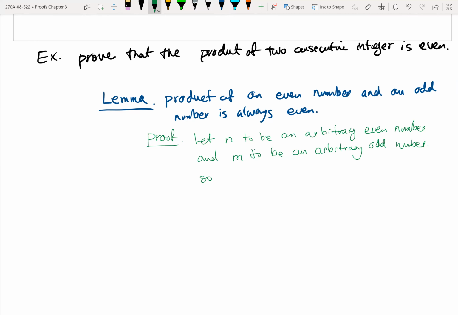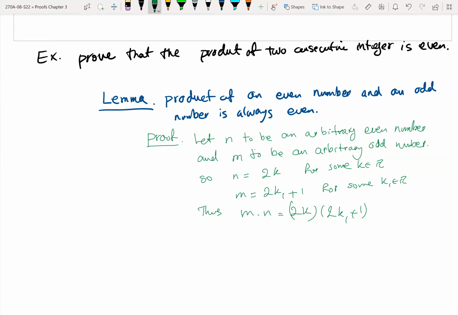So n can be written as 2 times k for some integer k. m can be written as 2 times k sub 1 plus 1 for some k sub 1. I have to make it different because they are not necessarily the same, right? Thus, what is m times n? It is 2 times k times (2 times k sub 1 plus 1), which is a 2 out times something.